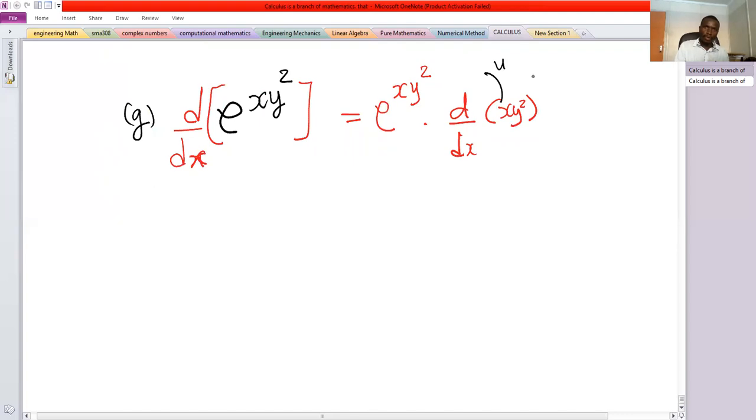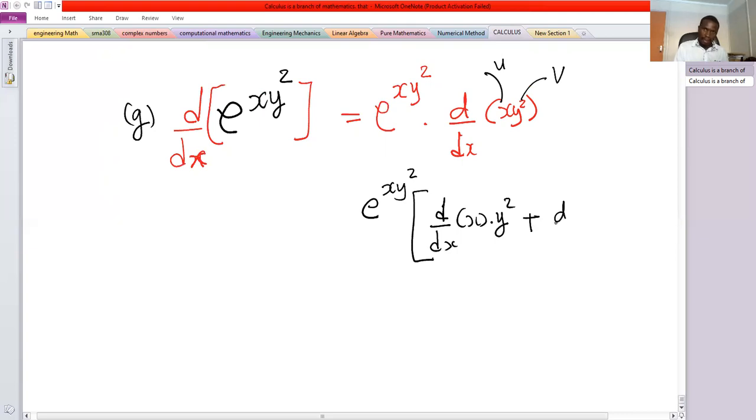So this x to be u, this y squared to be v. So I have e raised to the power x y squared times u prime, d/dx of x times y squared plus d/dx of y squared multiplied by x.